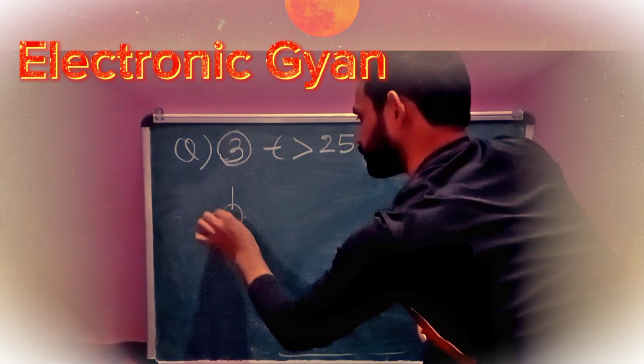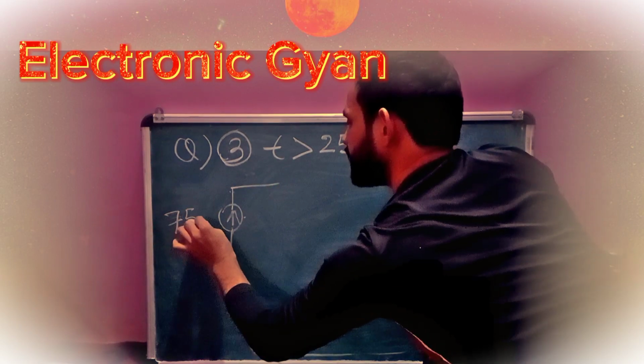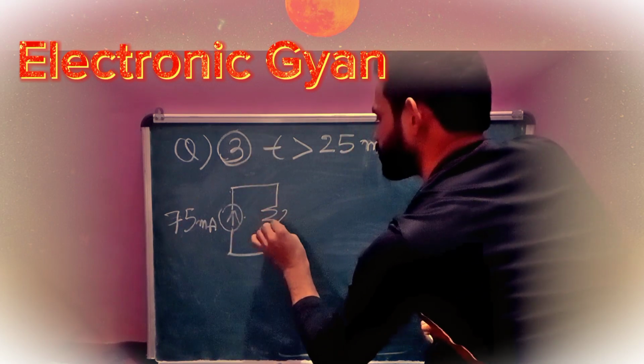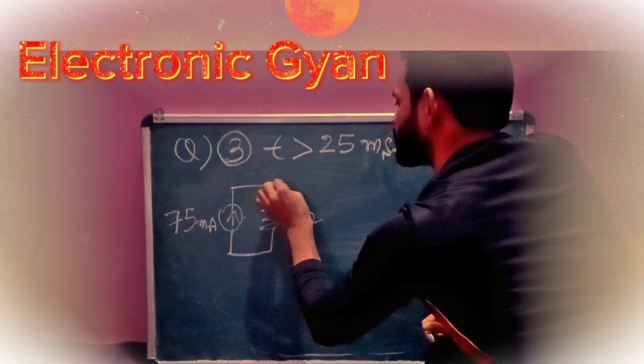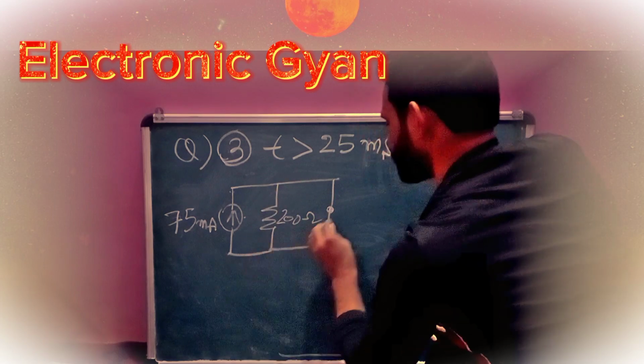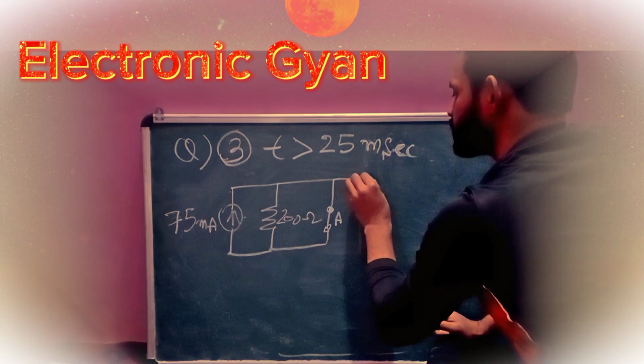This is my current source of 75 milliampere, and this is my resistance of 200 ohm. This is my switch A, which is closed, and this is my switch B, which will get open.